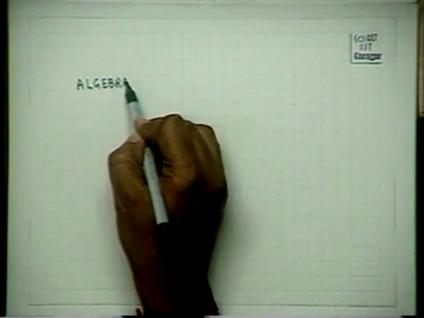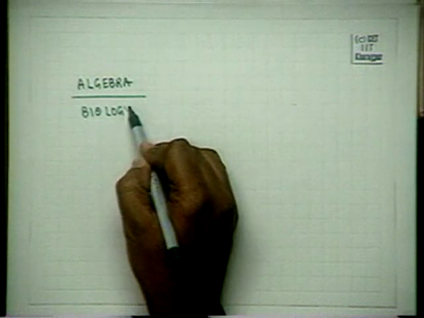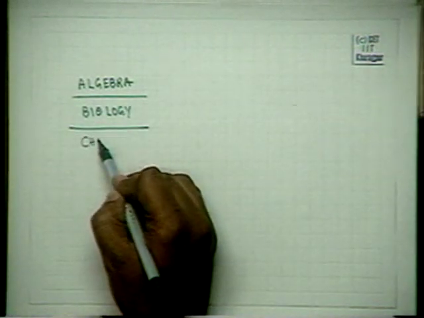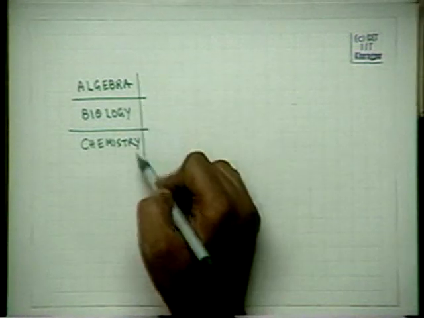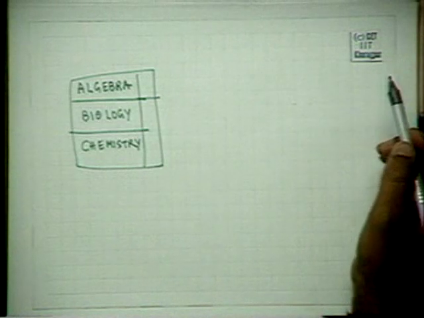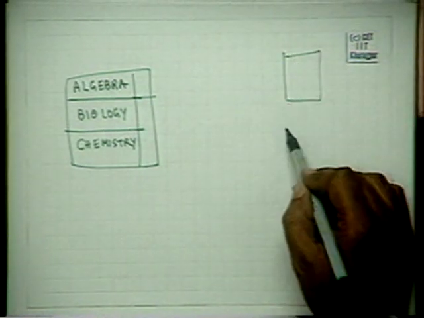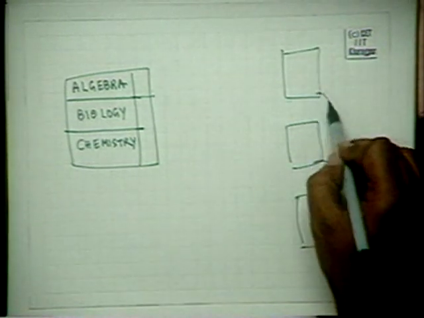So we will have algebra, biology, chemistry, and these will not directly point to the data records. These are my data records organized in a sequential fashion.